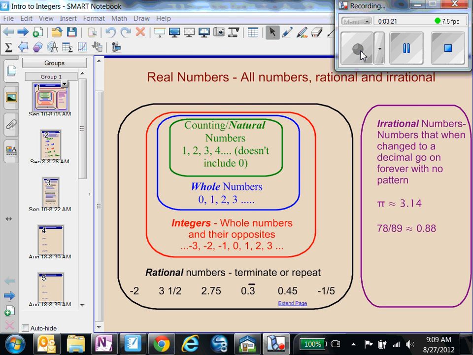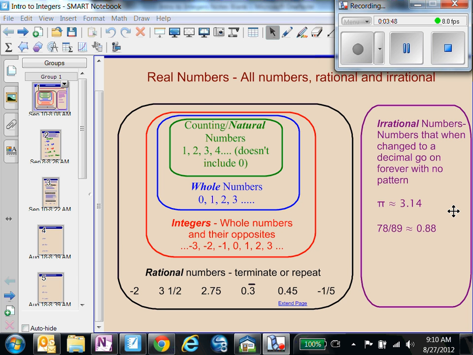The other types of numbers that we have are called irrational numbers. Irrational numbers are numbers that when changed to a decimal go on forever with no pattern. So, for example, pi is 3.141 and so on. We all know pi really goes on forever, but we round it to 3.14. 3.14 is not really pi. That's a rounded version of pi.